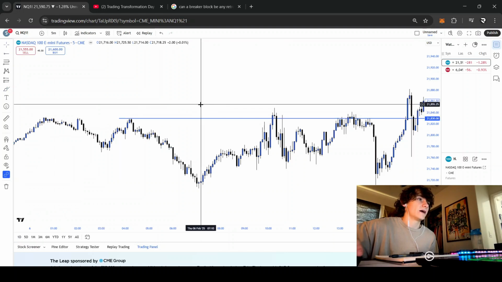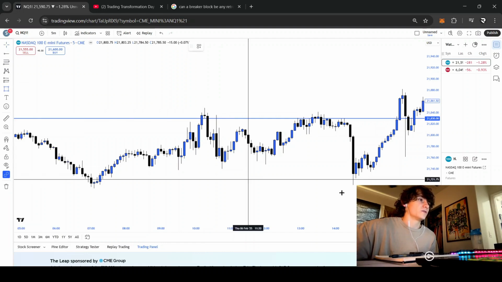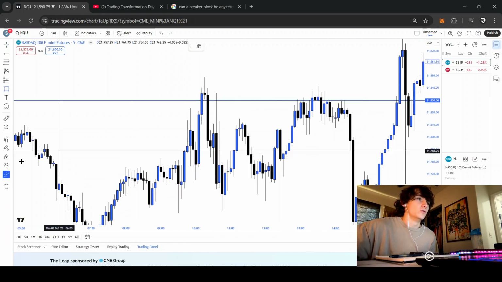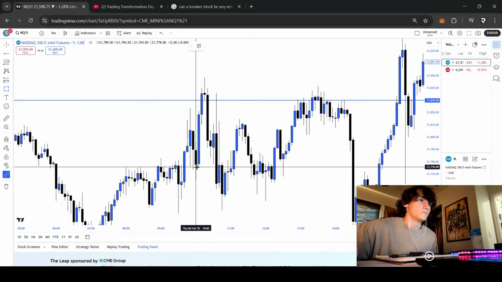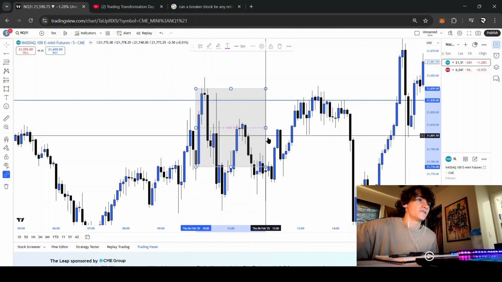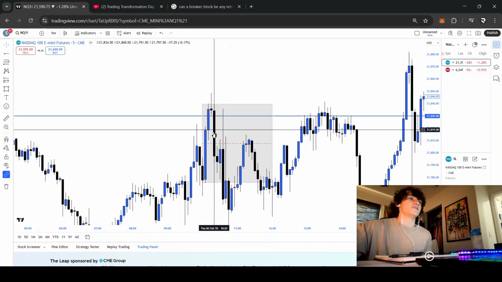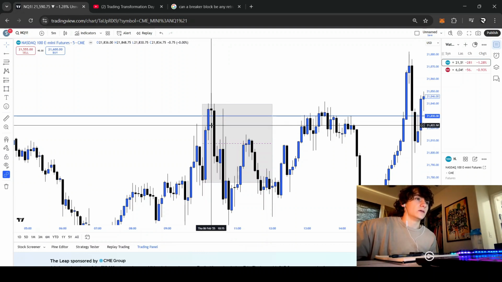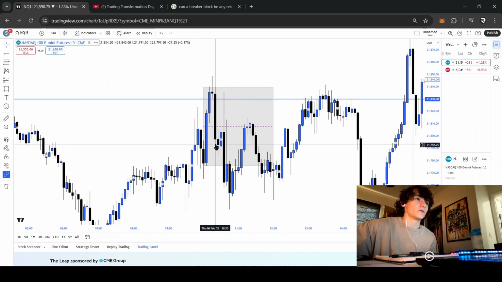Boom, we have that high, and it gets taken out. So what is it safe to assume? Safe to assume that this move up, all through here, is where these sell orders were able to go through. Because we came up into here, these sell orders were able to come through, right?